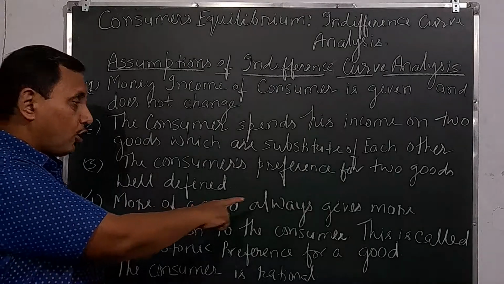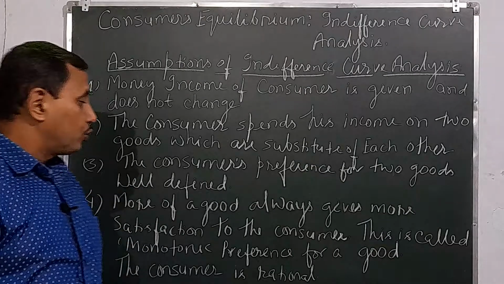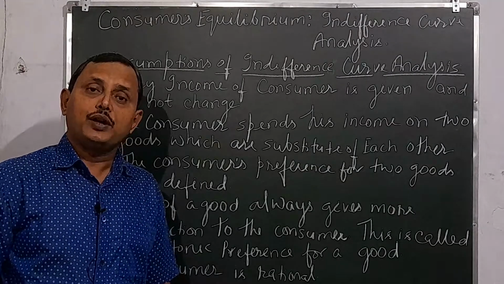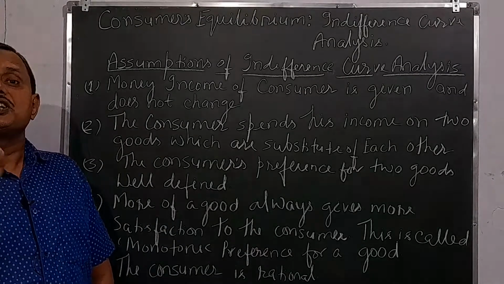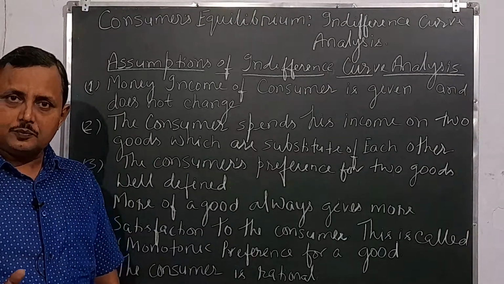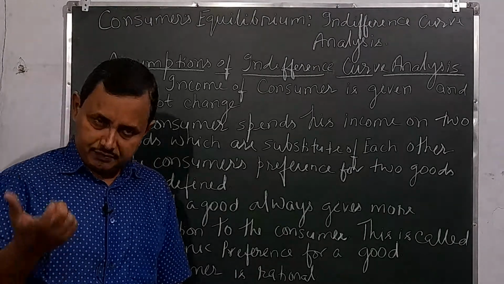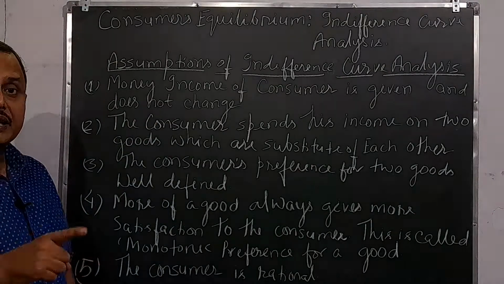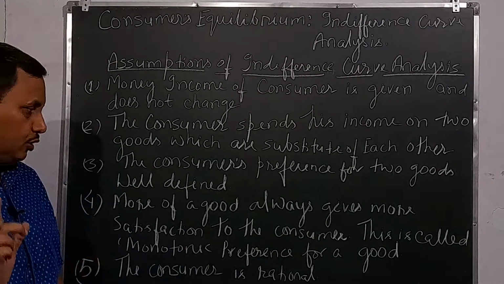This is called the monotonic preference for a good. So what is monotonic preference? More of a commodity gives more satisfaction to a consumer. Less quantity, less satisfaction.